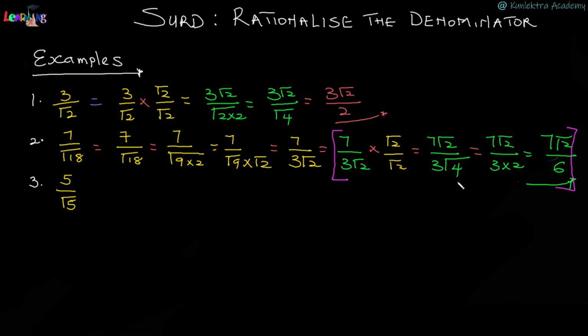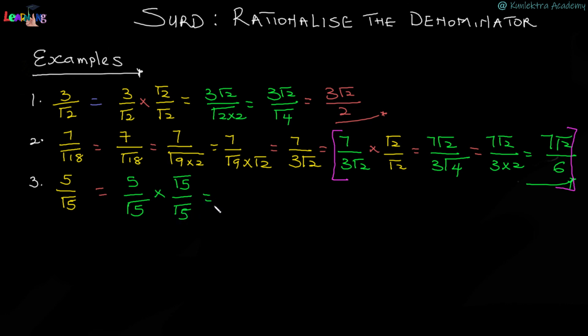Now, let's go to the third example. This is 5 over root 5. To rationalize, you multiply both the numerator and the denominator by root 5, the denominator surd, so root 5 over root 5.